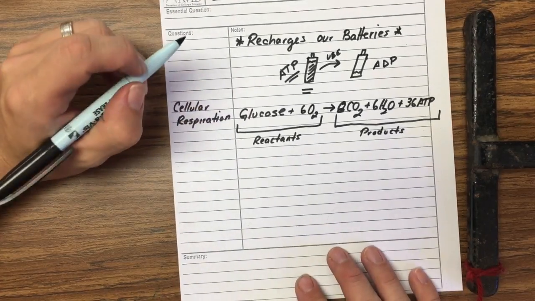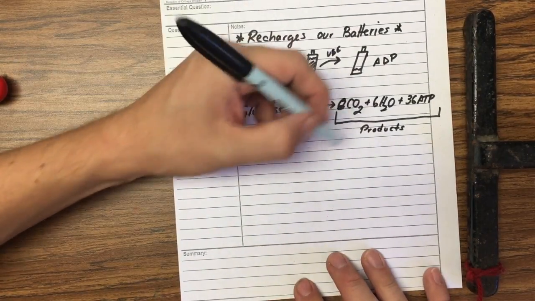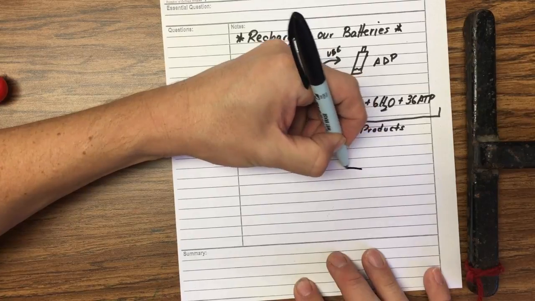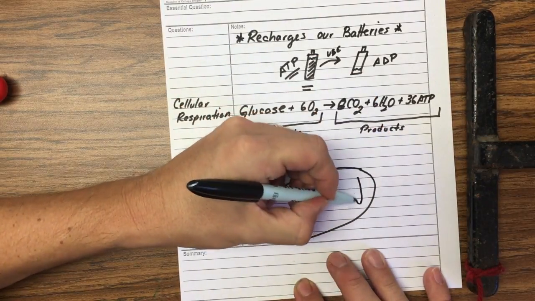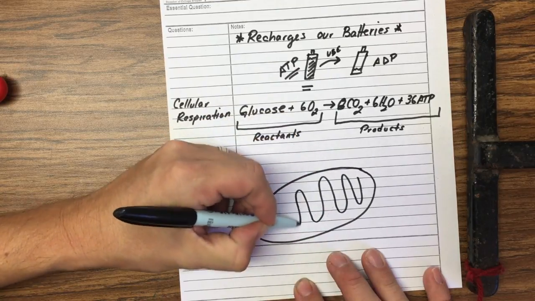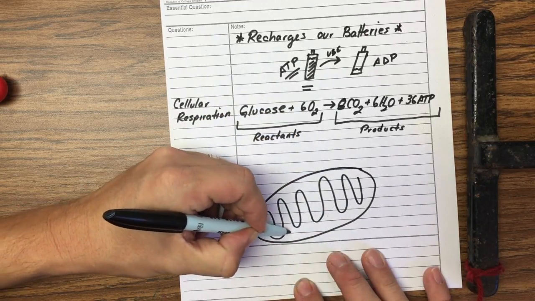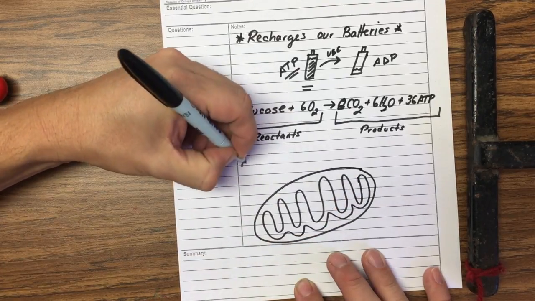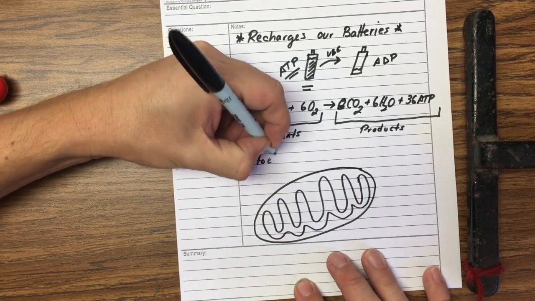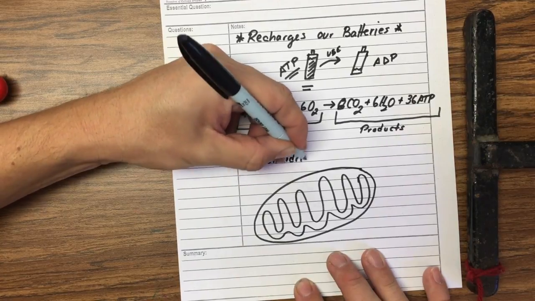Now, the next thing is, where does this reaction take place? It takes place in this organelle that looks like this. This is the mitochondria.